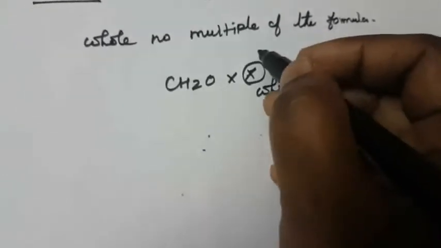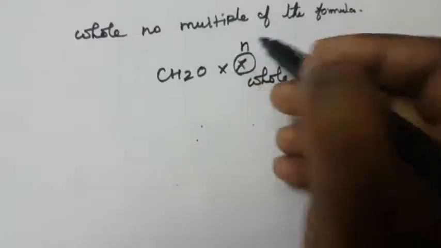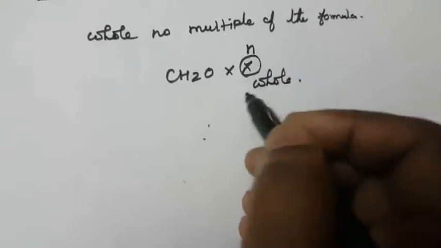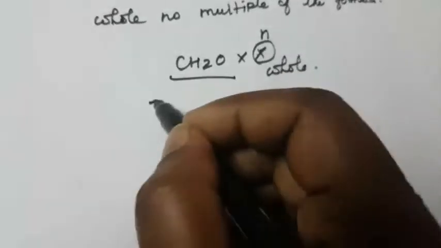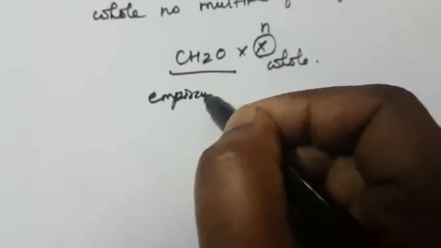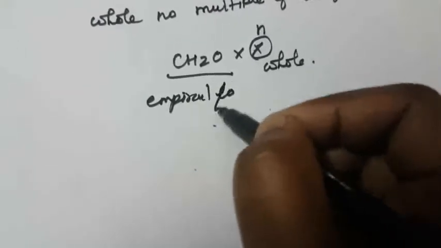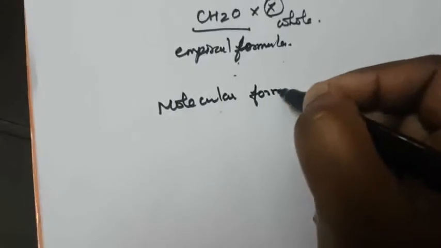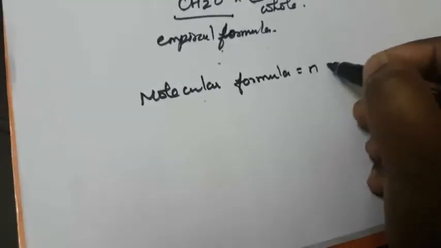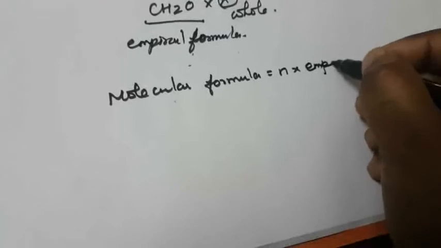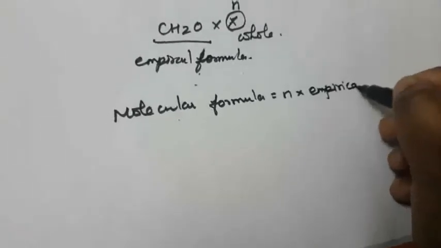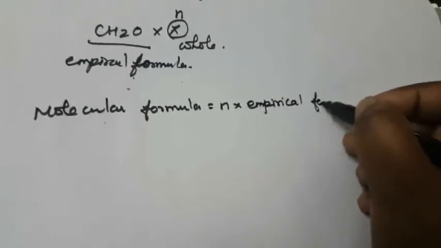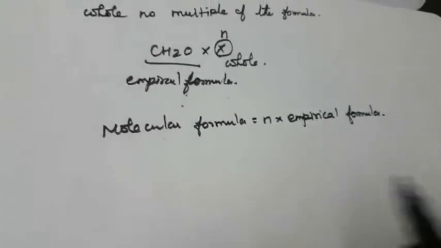So the molecular formula is equal to n into the empirical formula. This is the formula for molecular formula.